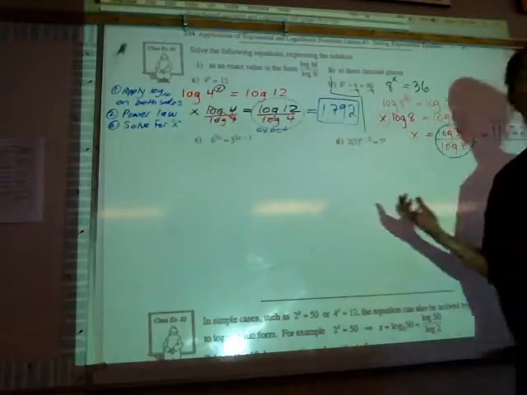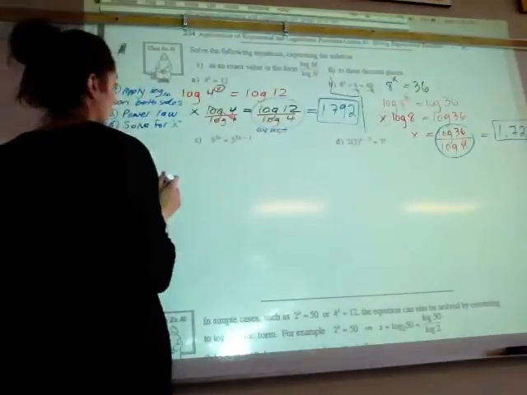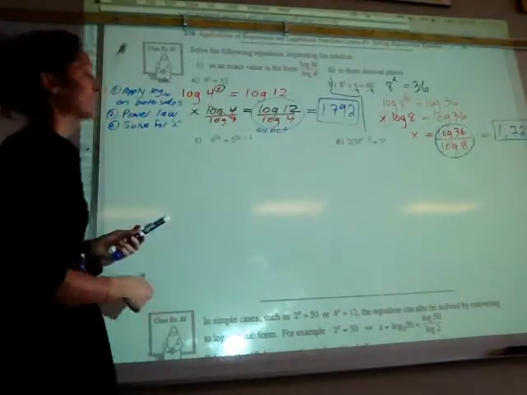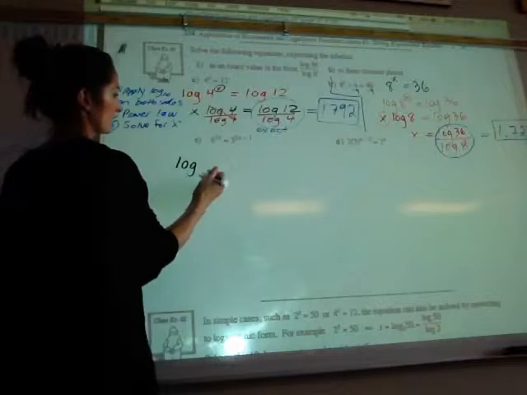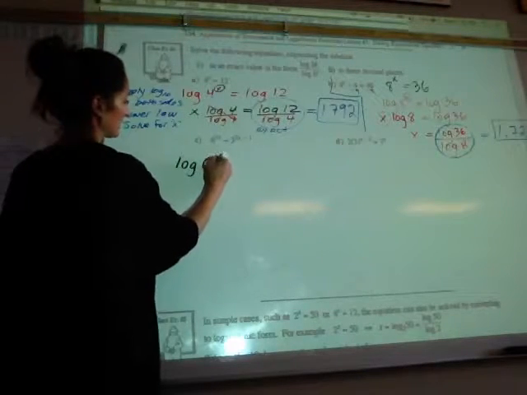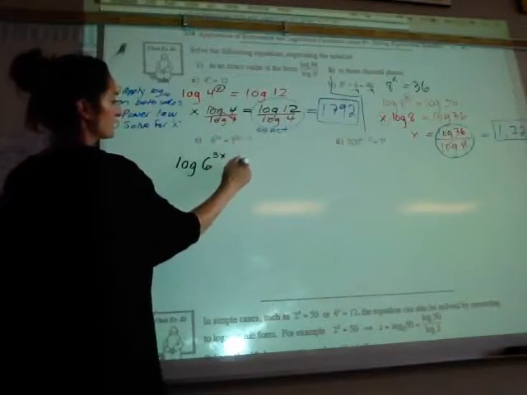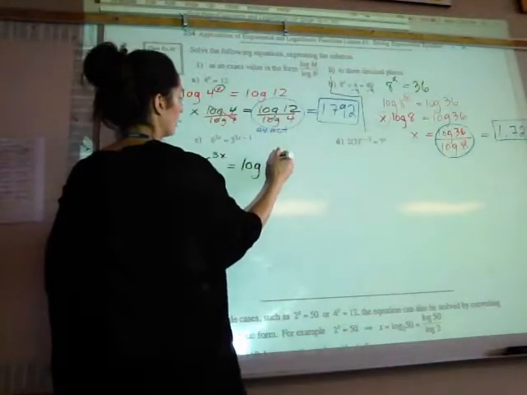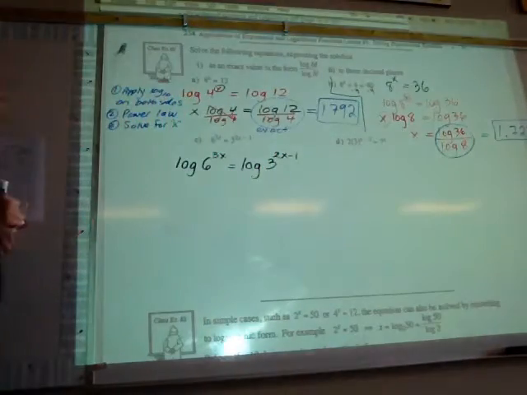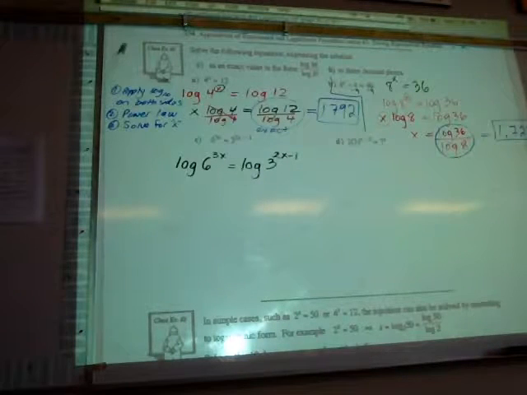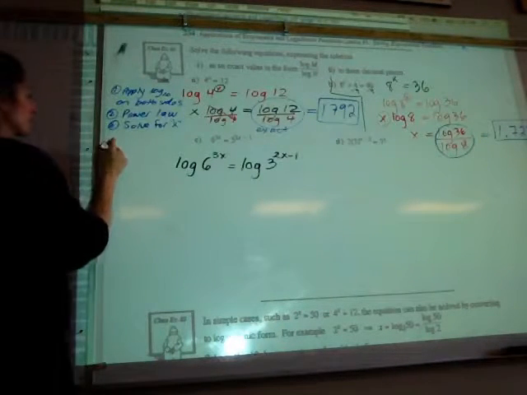Okay, so we're just going to keep applying that skill. We're going to go log base 10 on both sides. So log base 10, 6 to the power of 3x equals log base 10, argument 3 to the power of 2x minus 1. I'll rewrite all the steps for this one too.